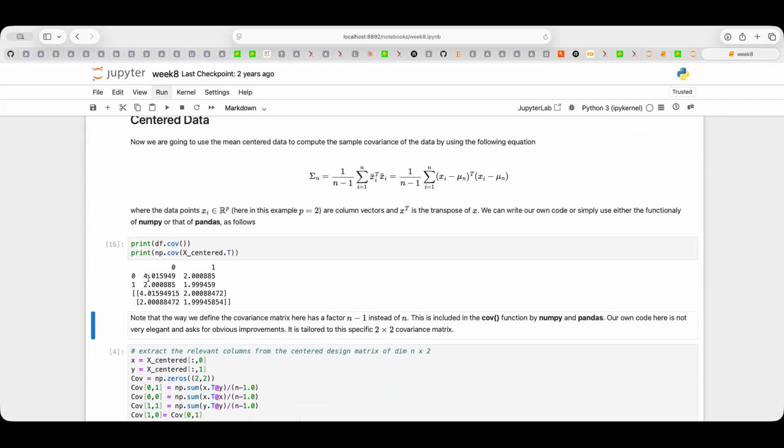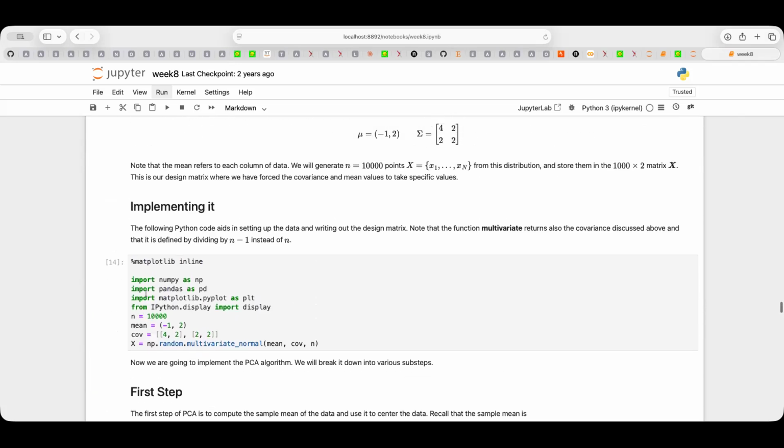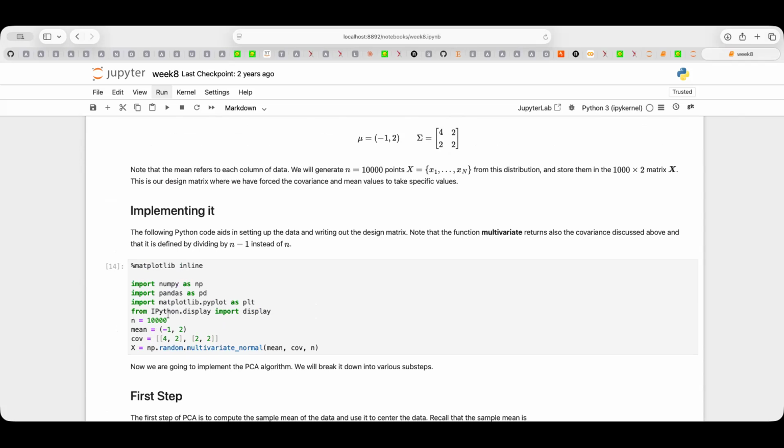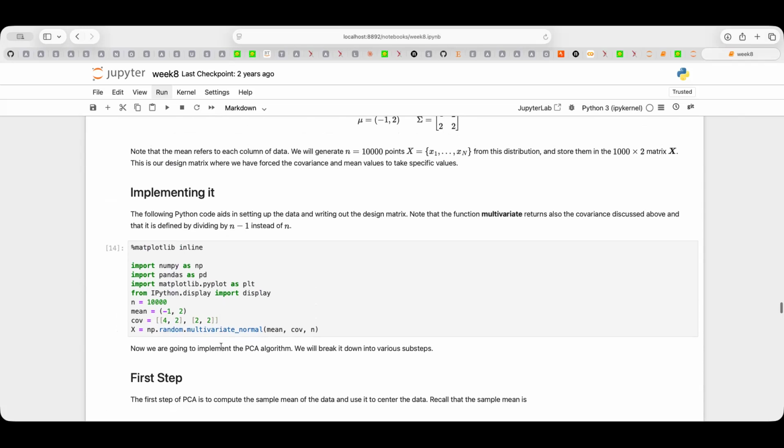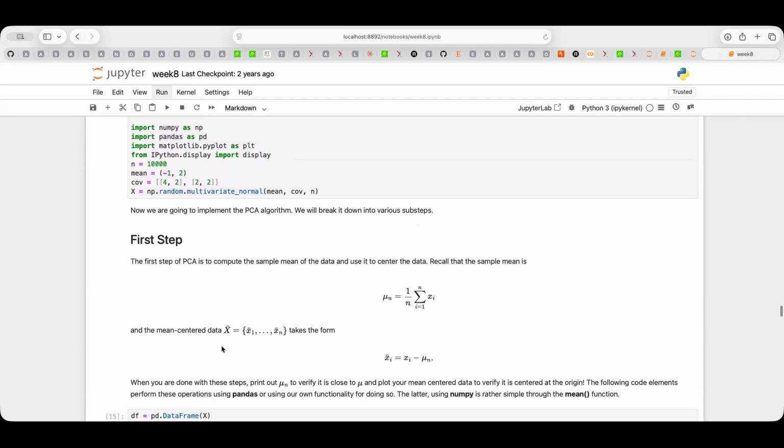I forced it to be 4 and 2, but since I don't have an infinity of data points, I don't get exactly 4 and 2, because I'm drawing numbers randomly from a pseudo-random generator and calculating the mean values. If I were to increase the data set to, let's say, 1 million, then I would get something closer to 4 and 2. But this is what I'm feeding into the random multivariate normal distribution. Does that sound okay?